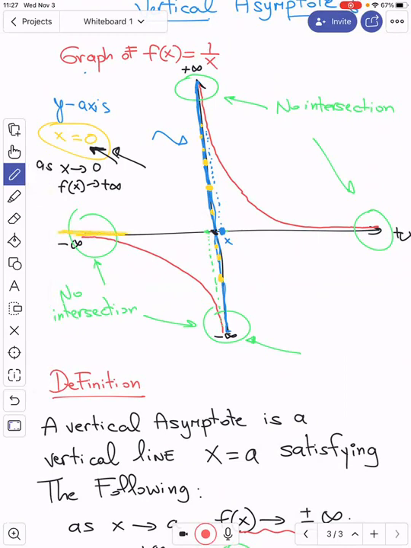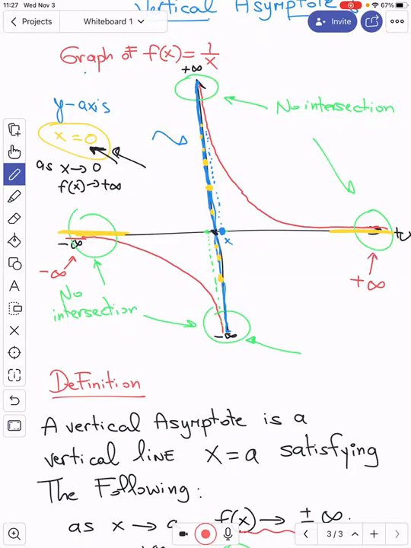It's a horizontal line, right? And what happens is that my graph is going to be as close as I want to my horizontal asymptote, but again, there will be no intersection. This actually happens at infinity, either at positive infinity or negative infinity, when your x is at negative infinity or positive infinity.